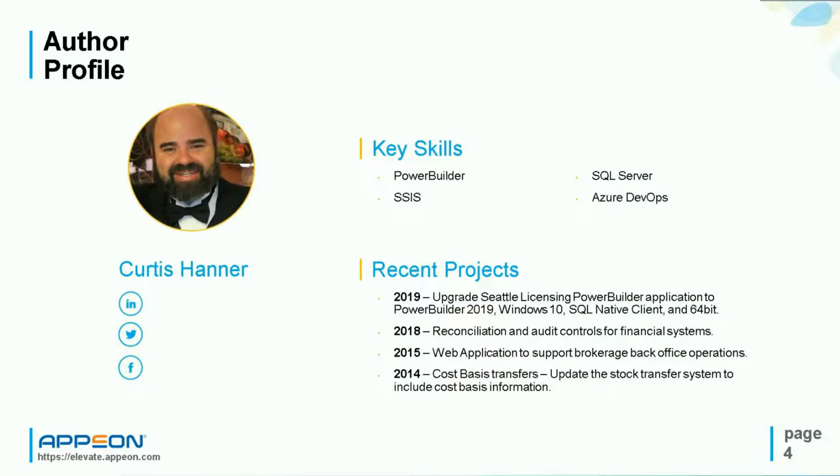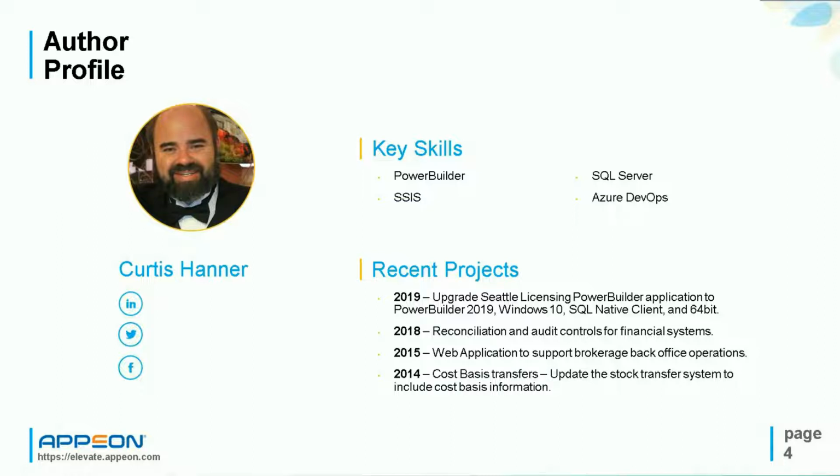A little about me. My name is Curtis Hanner. I'm a software engineer with the City of Seattle. I've been working with PowerBuilder for over 20 years. And before joining the City of Seattle, I was an independent consultant working in the insurance and banking, brokerage areas, as you can see from some of my past projects that were more brokerage finance related.